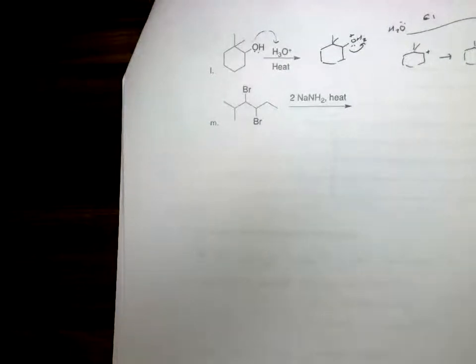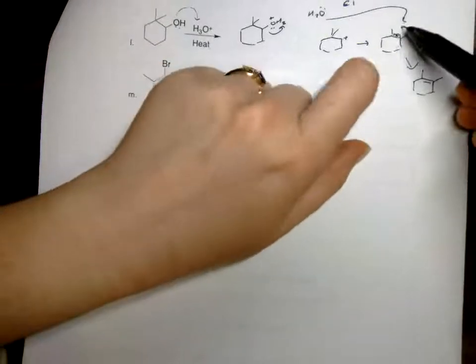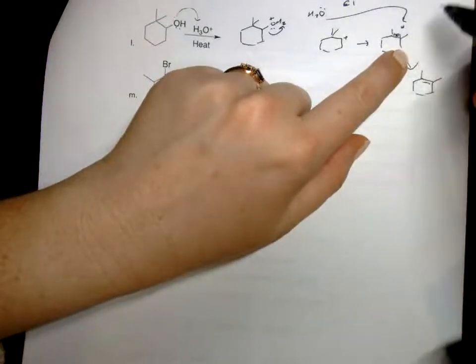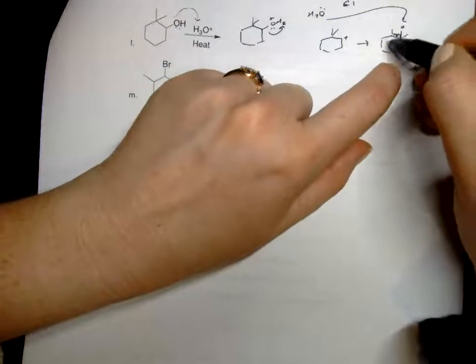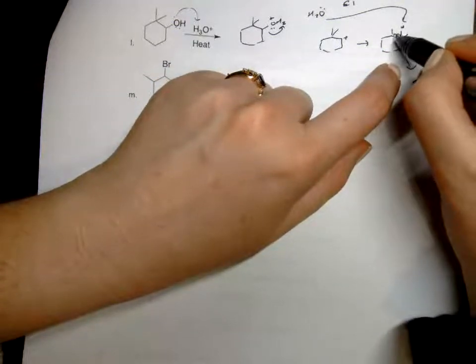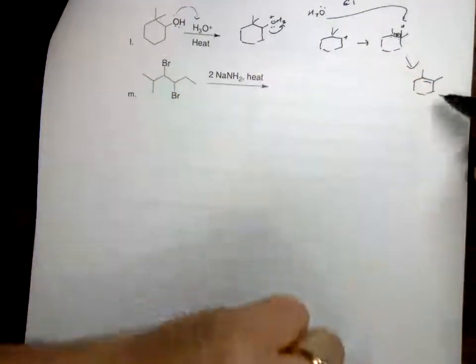The electrons will be left behind, and you'll form a double bond right there. Oh man, I was off the page. Sorry. So the water steals one of these hydrogens. The electrons that were in the bond between the hydrogen and the ring get left behind right here to form your double bond, and that's how you get this final structure.